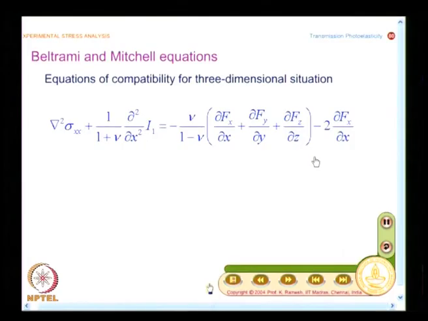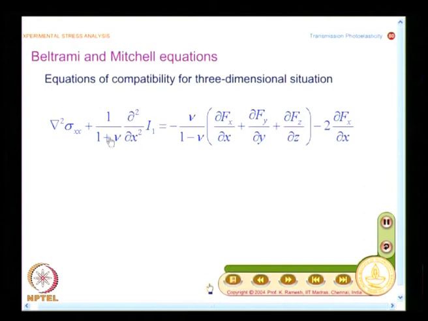The right hand side still goes to 0, but the left hand side has this nuisance Poisson ratio. So, the moment you come to a 3-dimensional problem, Poisson ratio change will affect the magnitude of the stress, not only the magnitude, even the distribution. It is dictated by Poisson ratio, never forget this.